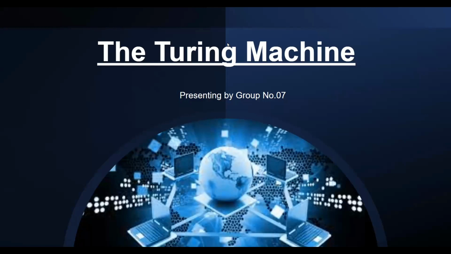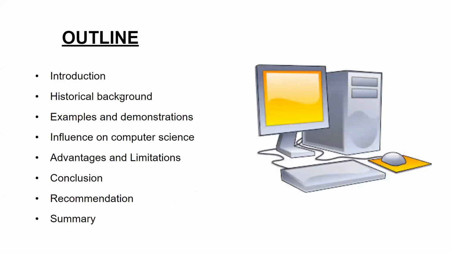So first of all, let me walk you through the outline of the presentation. We will start with a thorough introduction to the concept and then discuss the history of Turing machines. Then we will move on to examples and demonstrations. We'll discuss the influence of Turing machines on modern-day computer science.